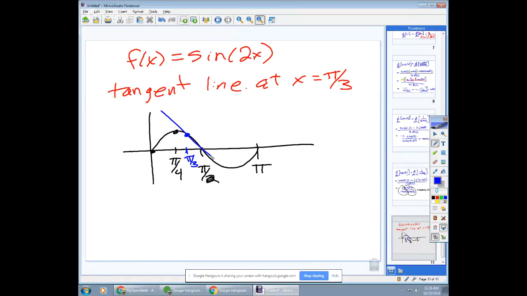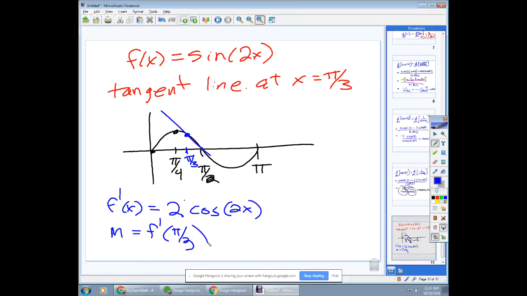Let's do it. So we believe that the slope function, let's do that in blue, f prime of x, our slope generator, is twice the cosine of 2x, based on our earlier work. So then the slope in this case, m, would be f prime evaluated at pi over 3. So that would be twice the cosine of 2 pi over 3. I'm going to avoid using a calculator for just a little bit longer.